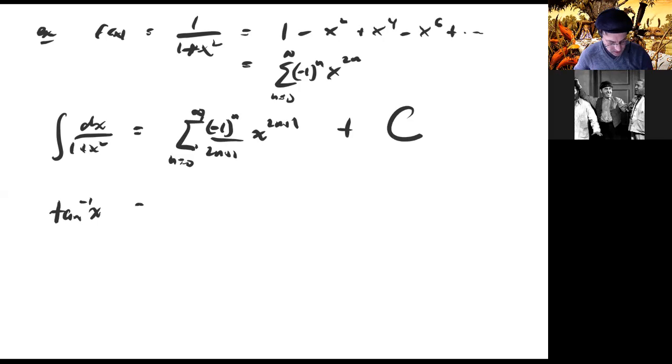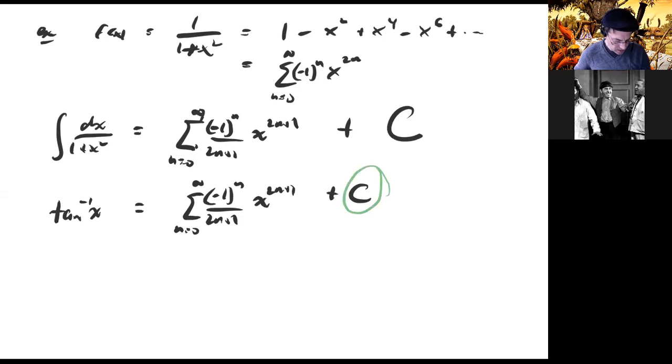And so this is going to be the sum, n goes from 0 to infinity, minus 1 to the n over 2n plus 1, x to the 2n plus 1, plus c. But now what is c? We have to compute it. The way you compute it is plug in a value of x, your favorite value of x. So if we set x equal to 0, arctangent of 0 is 0. And the right side, if you plug in 0, you get 0 plus c. So that says that c equals 0.